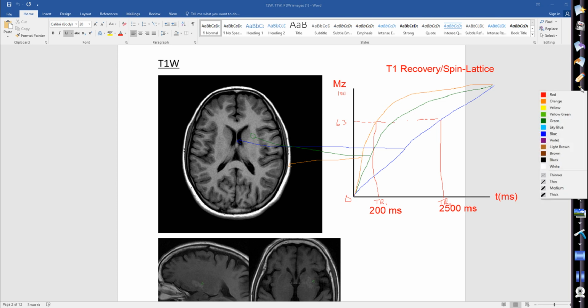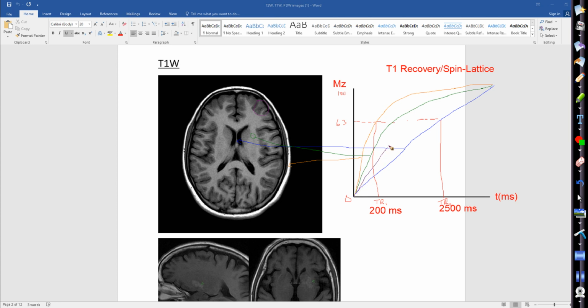Then I use purple for gray matter. So here's our gray matter kind of on the edges out here. Gray matter recovers a little bit slower than white matter. So gray matter has that kind of curve to it.